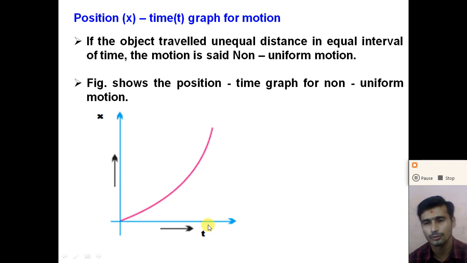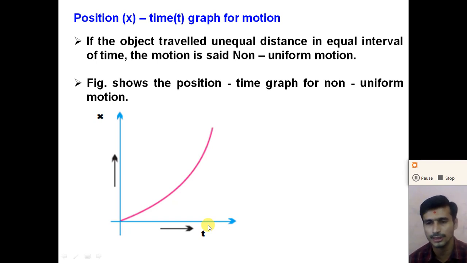So dear student, from the position-time graph, we can know the type of the motion. If the position-time graph is a straight line parallel to the time axis, we can say that the object is at rest.